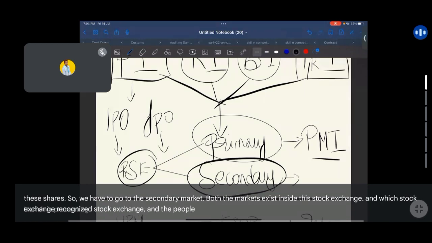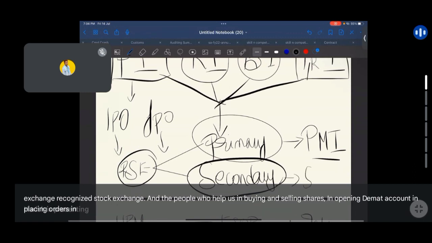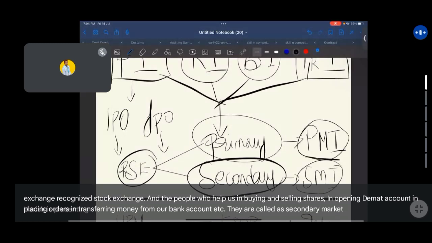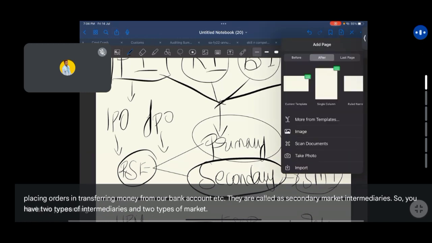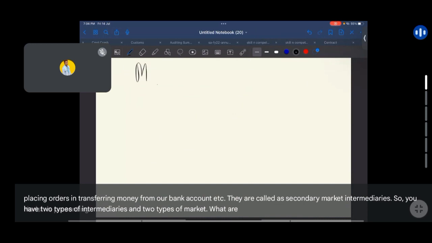And the people who help us in buying and selling shares, in opening a demat account, in placing orders, in transferring money from our bank account, etc., are called secondary market intermediaries. So you have two types of intermediaries and two types of market. What are the two types of market?